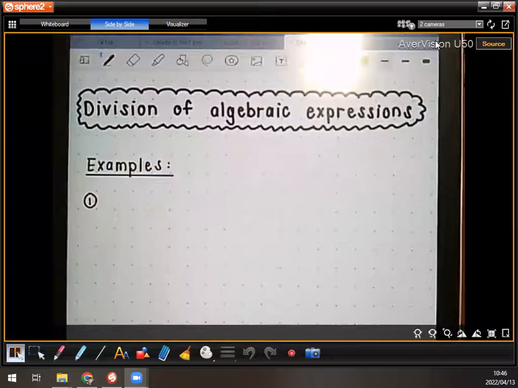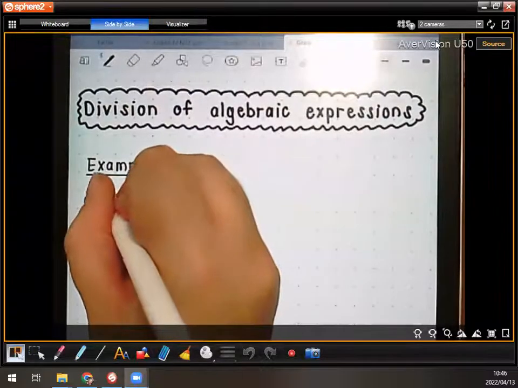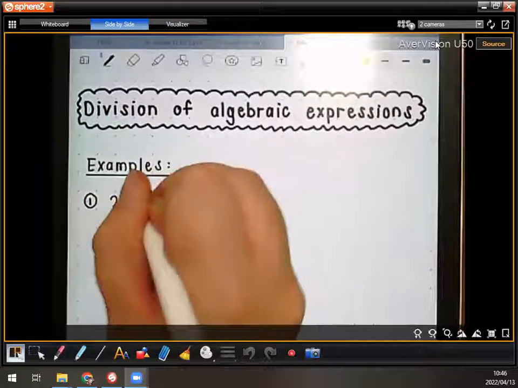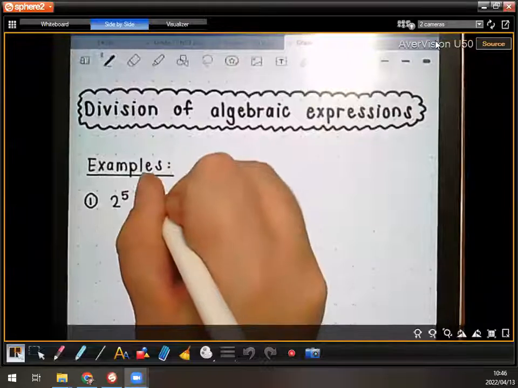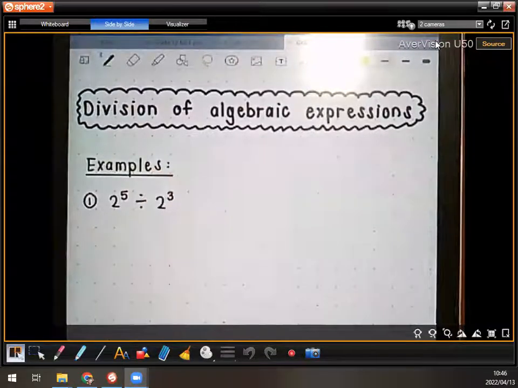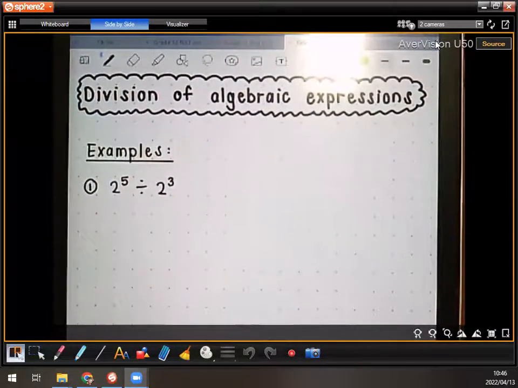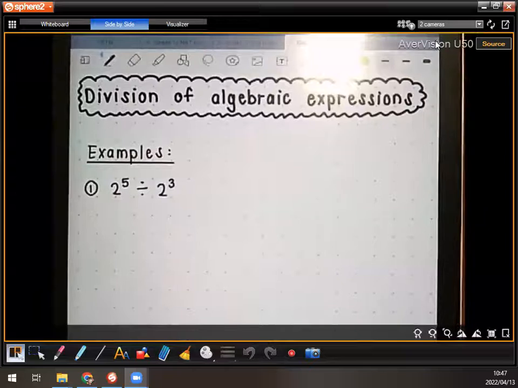I'm going to do some numerical examples just to start off with, and then we're going to bring that into algebraic examples. That's the first one. Give you guys a chance to catch up.